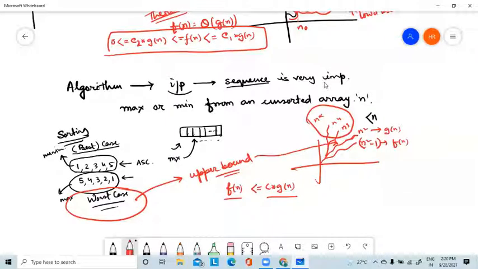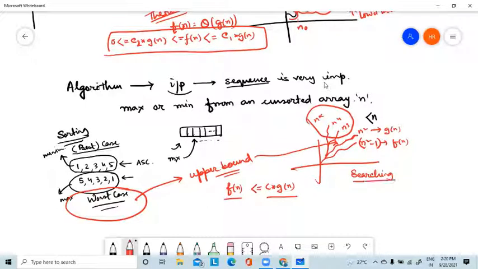So what is the use of worst case? Because worst case is the measure of an algorithm when the input sequence is in the worst possible situation. Suppose I'm performing searching.